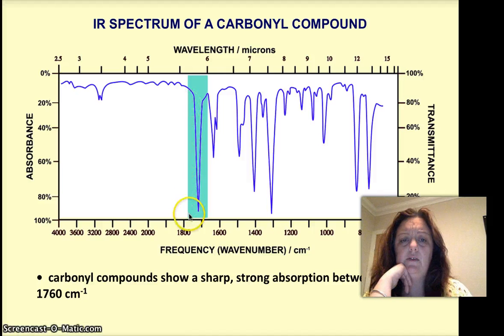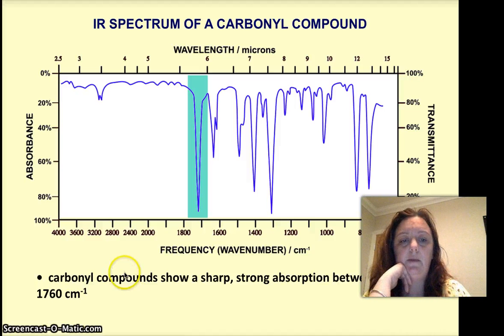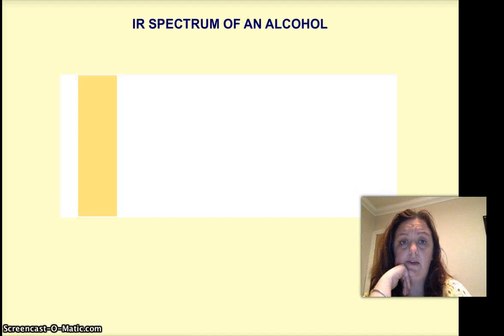If you see a peak in this region, then you know you definitely have a C double bond O. Remember, in the exam you'll be given all of the data with the numbers specific to types of bonds. You don't have to learn these actual wave frequencies, but you need to be able to identify them once given those in the exam. So that's one particular molecule you're going to have to analyse.